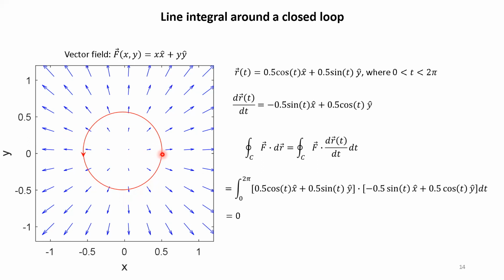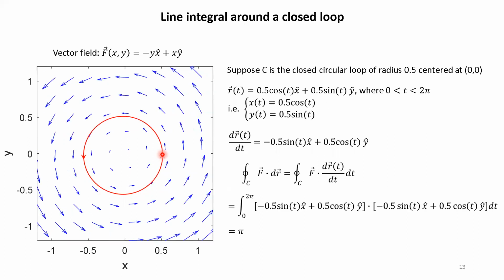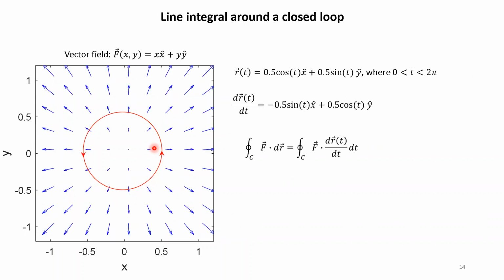The force is always perpendicular to your direction of movement. On the other hand, here the force is always tangential to this circle. That means as you go, the force keeps pushing your particle along this circle, so it's not surprising that in this case you have a non-zero result, but in that case you have 0.